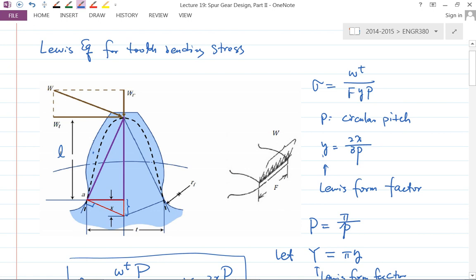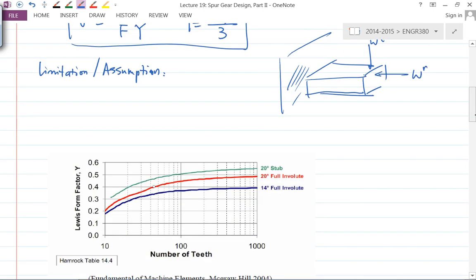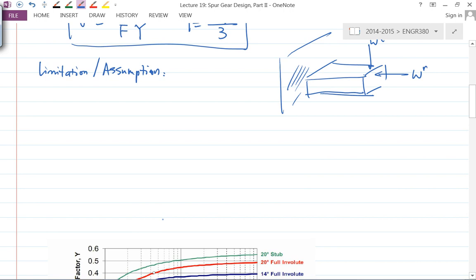Bigger. You're using a bigger stress, which means you have a conservative design, right? So that's one thing in here. First assumption or limitation, which is actually not too bad, right?